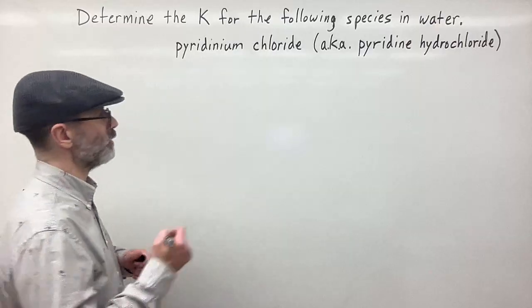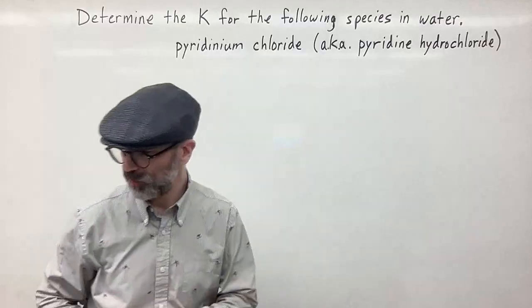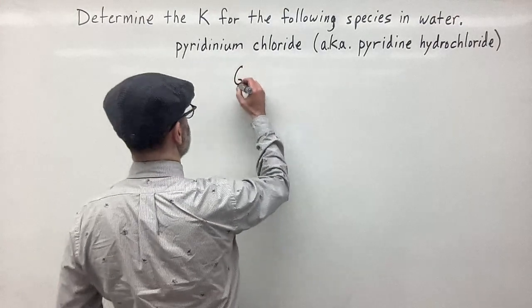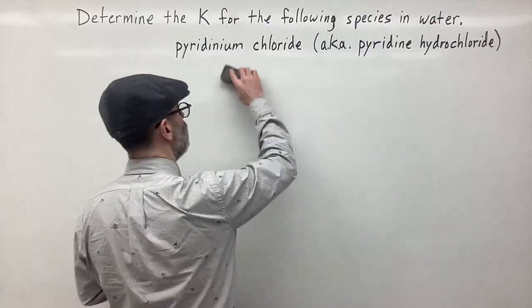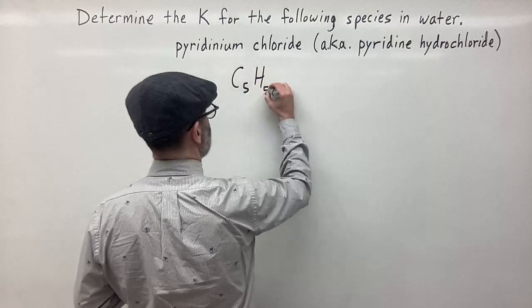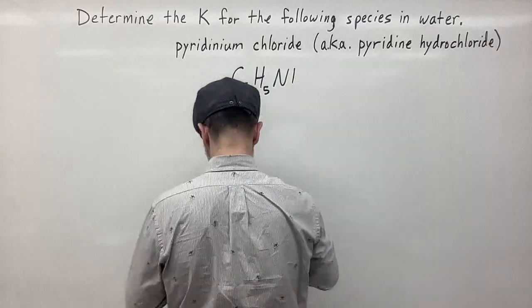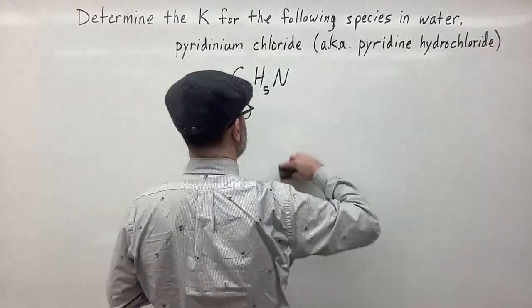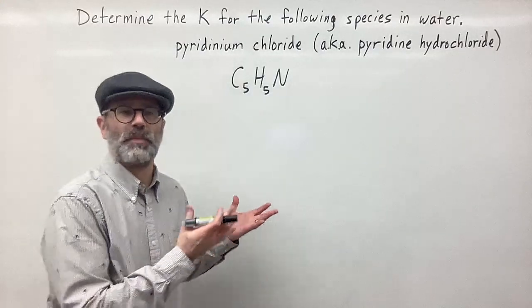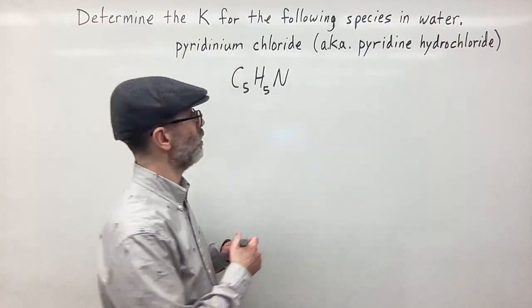And so if you write the formula for pyridine, C5H5N, you're going to mix it with a strong acid, HCl, hydrochloric acid.